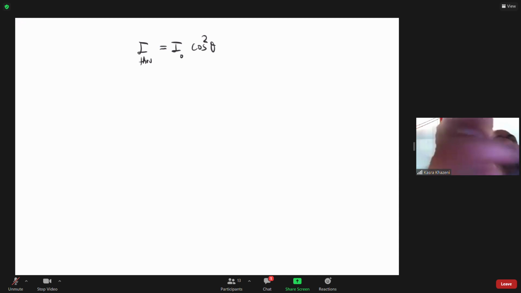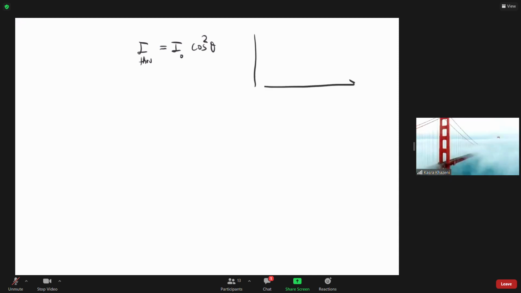And so whatever you see, you can always plot this as a function of theta. And you're going to get a cosine squared. So this is 90 degrees, and this is 0, of course. Let me go back and recap.